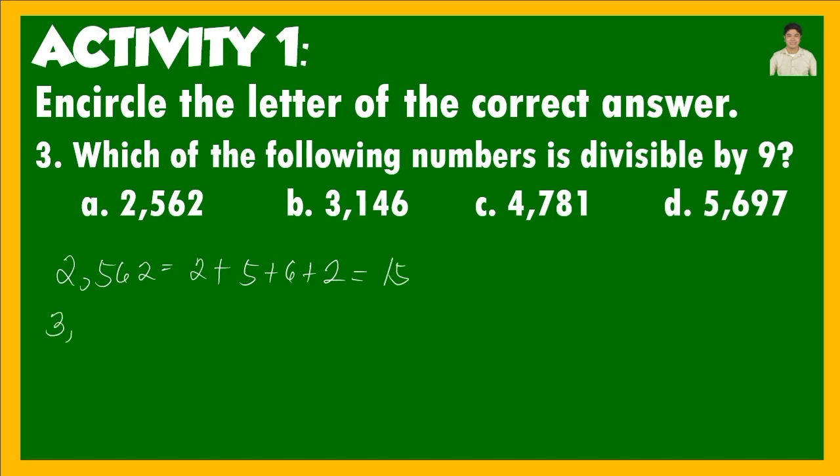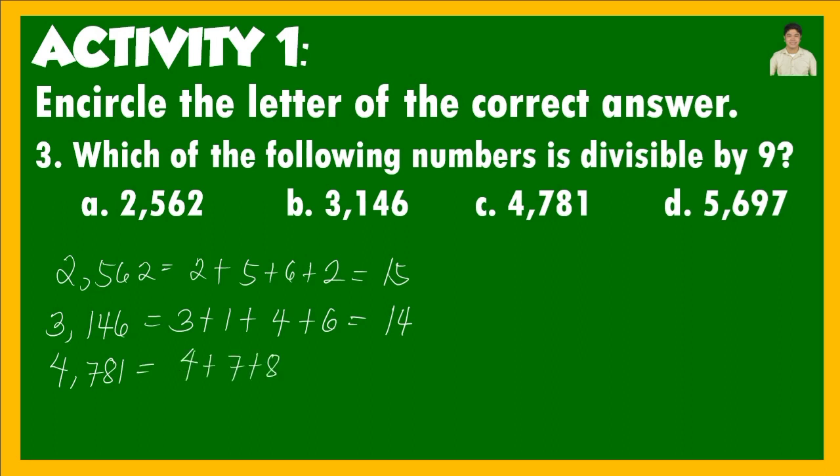Next, 3,146, that is 3 plus 1 plus 4 plus 6. So, 3 plus 1, that is 4, plus 4, 8, plus 6, we have 14. Letter C, 4,781. So, 4 plus 7 plus 8 plus 1. So, 4 plus 7, we have 11, plus 8, 19, plus 1, we have 20.